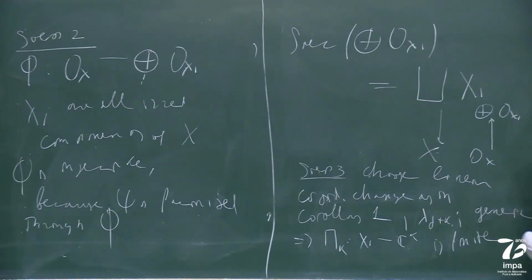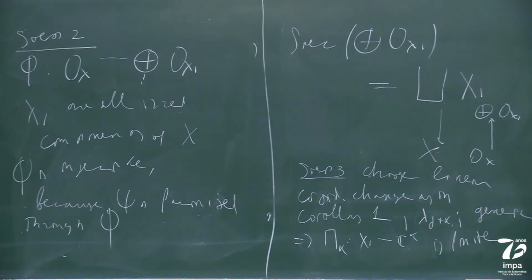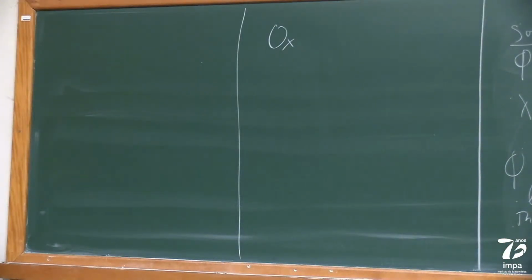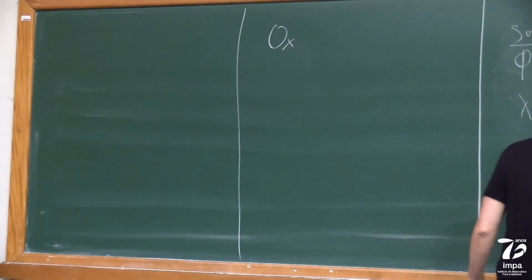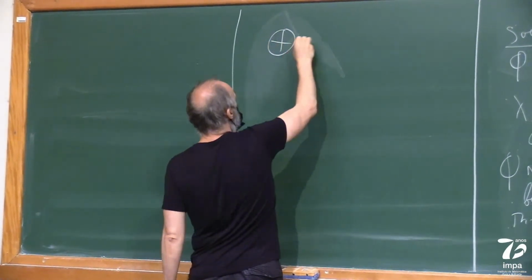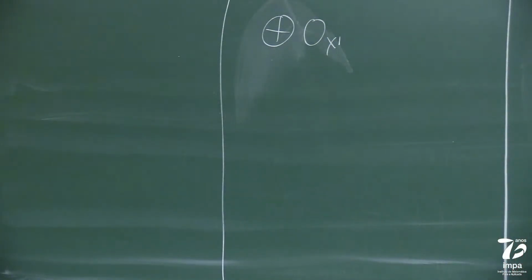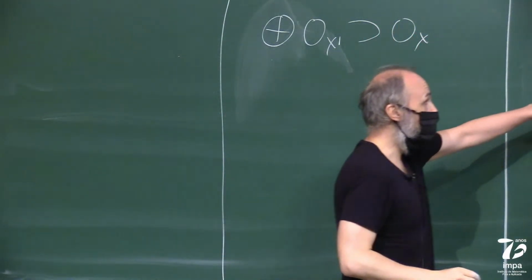This gives now a sequence of rings. You have O of X, contained in the direct sum of O of Xi, because this map is injective.